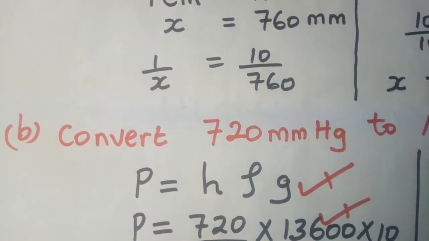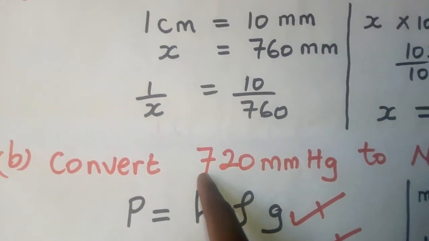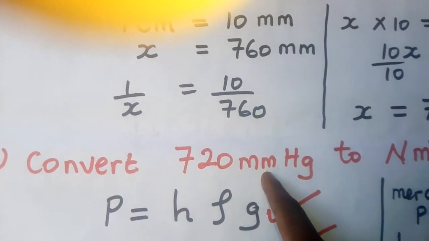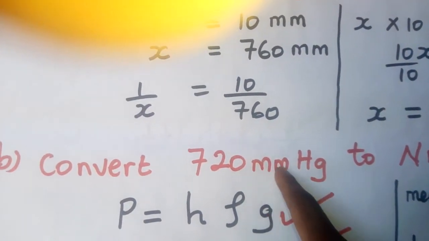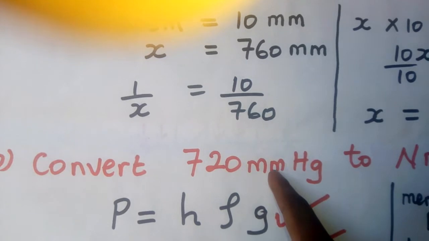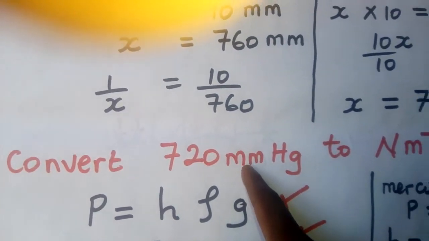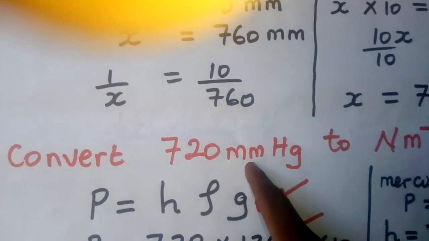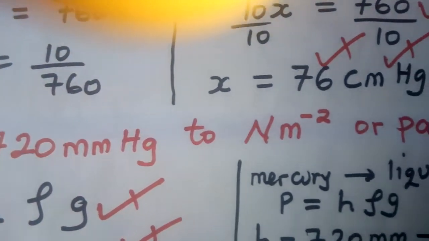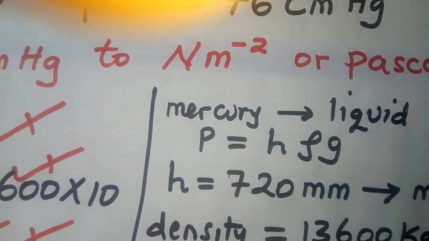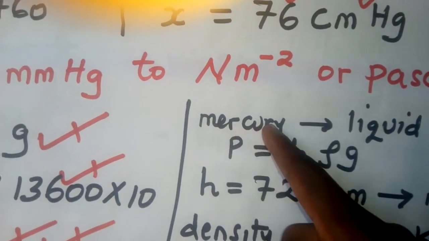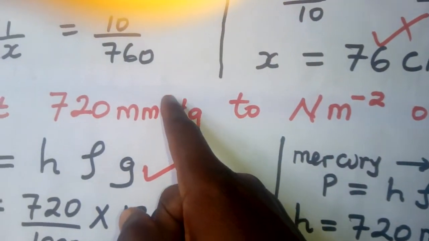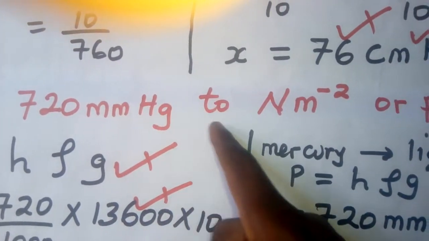But before we proceed, what was the height given? 720 millimeters. You see, this is not the SI unit of distance, height. So you are supposed to change these millimeters into meters. Just to remind you, mercury, whose symbol is Hg, is a liquid.